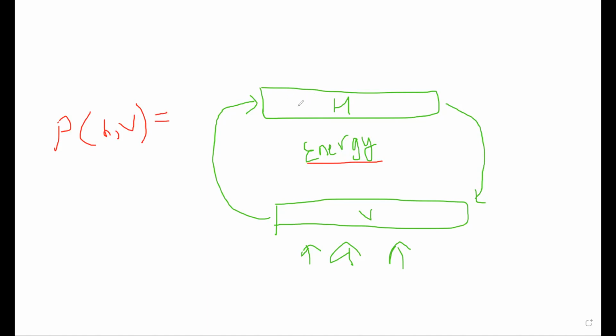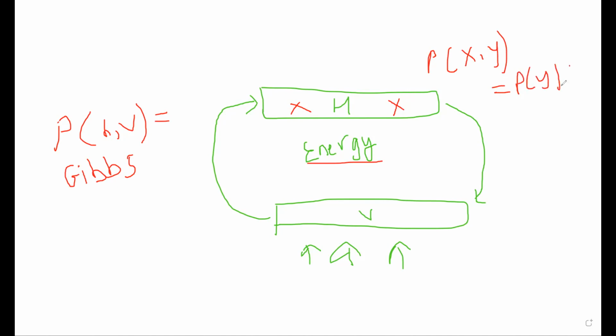So, in order to help the hidden layers generate the new data, we are going to use the concept of Gibbs sampling. All of us know that Gibbs sampling basically works on conditional probabilities. If I have to estimate, for example, the probability of X, Y, then first I can estimate the probability of Y given X, sample from this distribution, and get the value of Y. Then I can use this Y to get the value for X through the other conditional distribution.